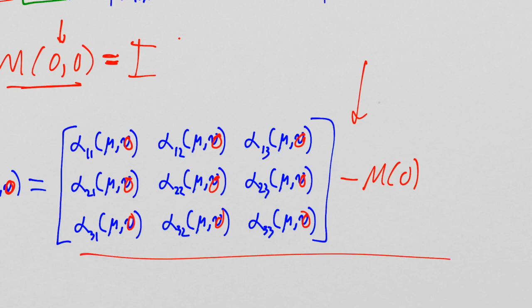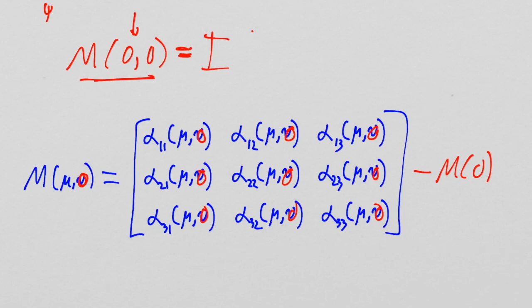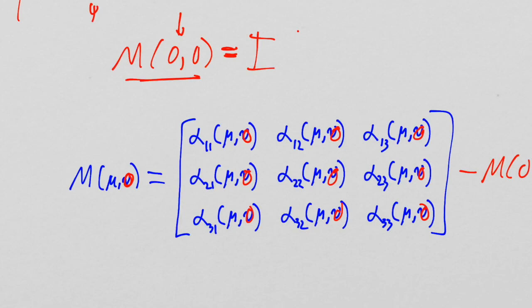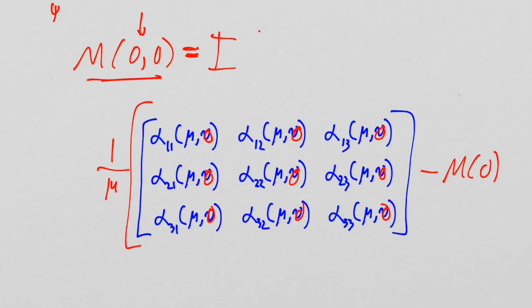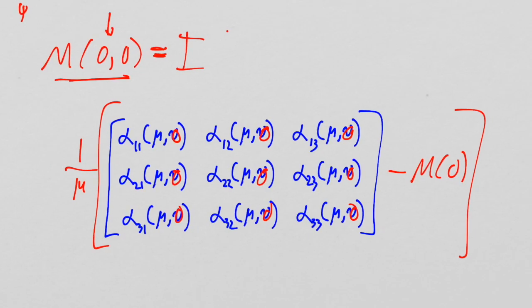And then you divide the whole thing by the parameter that you're taking the limit of, which is a term-by-term division. If that doesn't look as good to you, you could think of it as 1 over mu times this whole thing, and the limit as mu goes to 0 will ultimately be a matrix, the generator matrix.